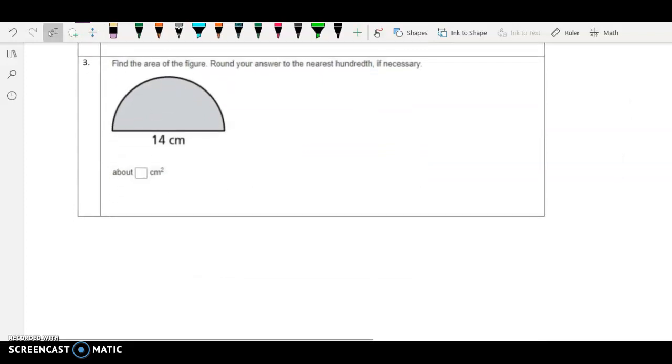For number 3, it says find the area. So make sure you're actually reading those directions because we don't want to accidentally find the perimeter. So find the area and round your answer to the nearest hundredth. Remember, area, capital A, equals radius squared times pi. The diameter goes all the way across. What they gave us was the diameter, and that's 14.